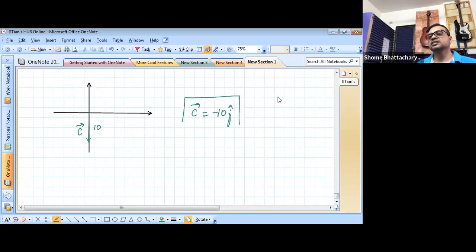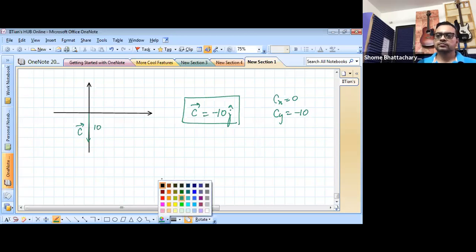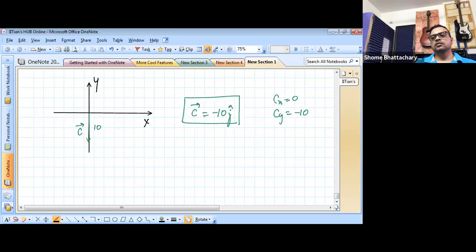You can see C's x component is 0. C's y component is minus 10.